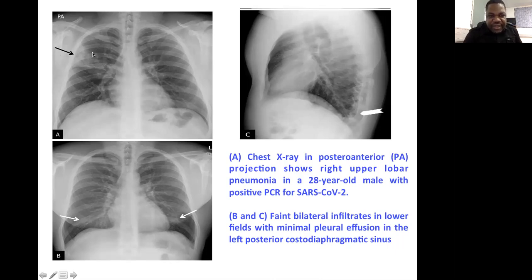So you can see here an area of consolidation. It takes all this lobe, this upper lobar pneumonia, in this patient.